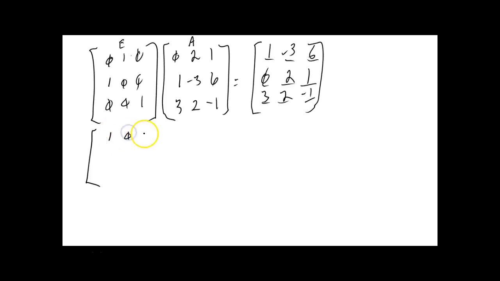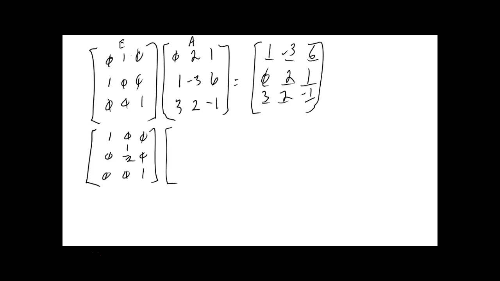1, 0, 0, 0, 1/2, 0, and 0, 0, 1. What kind of matrix is this? This is an elementary matrix.